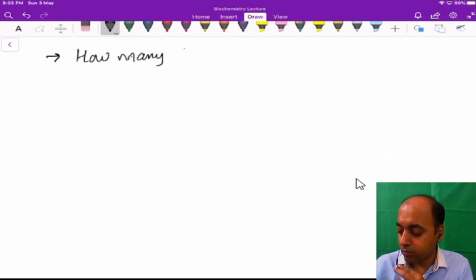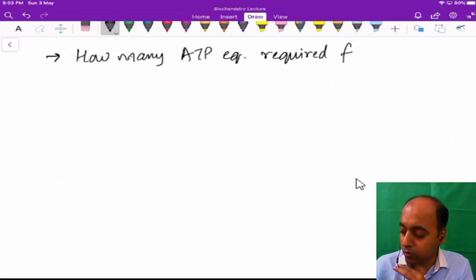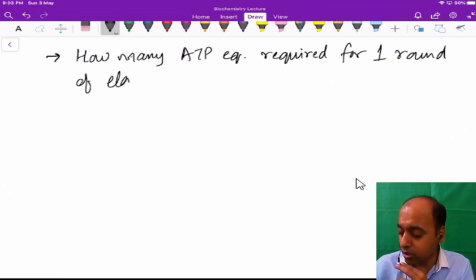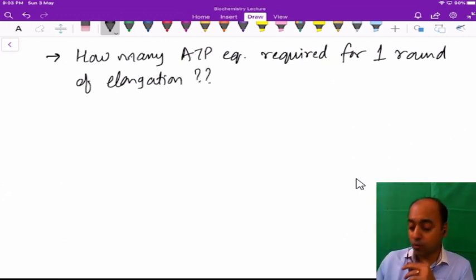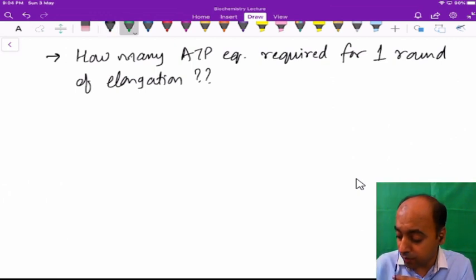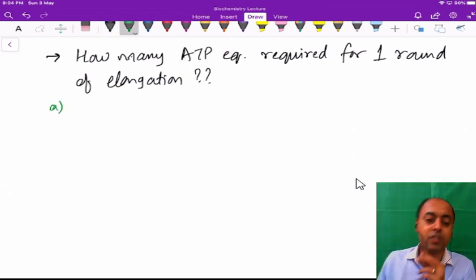How many ATP equivalent are required for, I'm being very specific, 1 round of elongation? This question is very specific. I'm clearly asking you the energetics for 1 round of elongation.